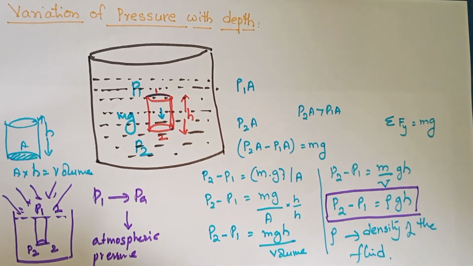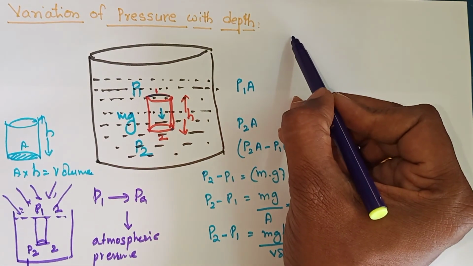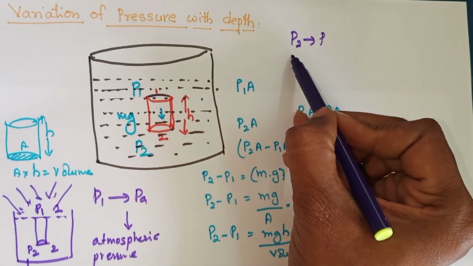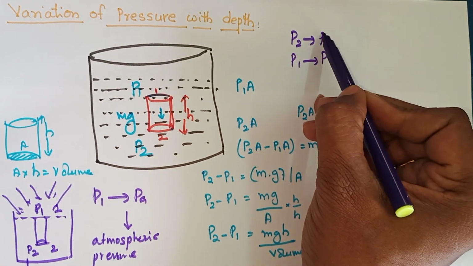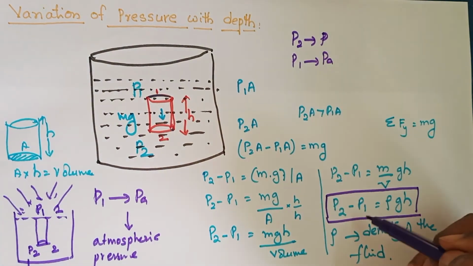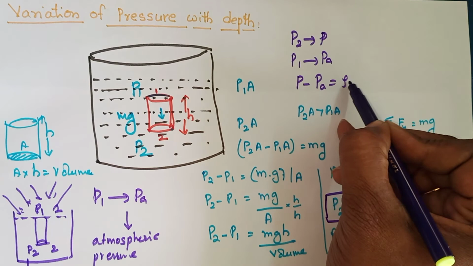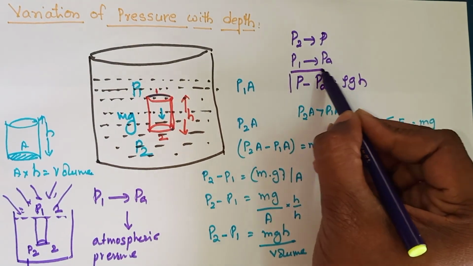P2 can be P, let us say. So substitute this: P minus the atmospheric pressure PA is equal to rho gh.